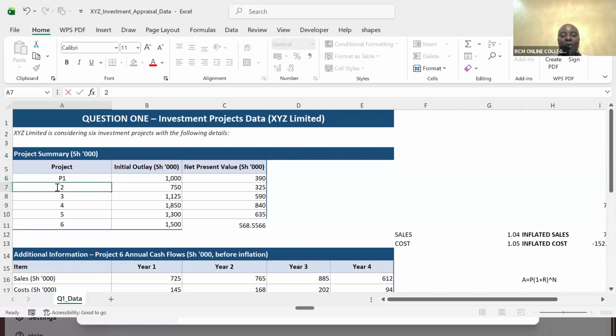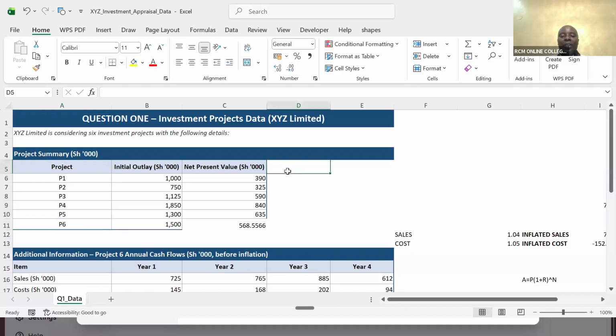This becomes P2. You introduce P's for the projects so you don't confuse them with ranks. I've always seen these confusing students, so it is important that you introduce P's like that.